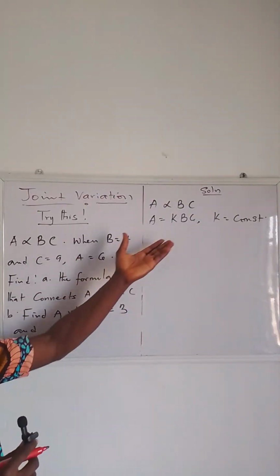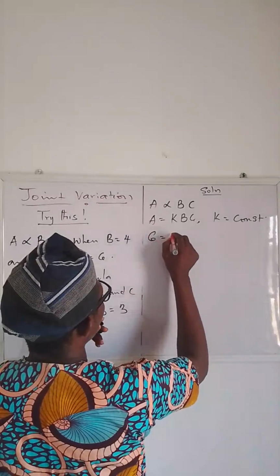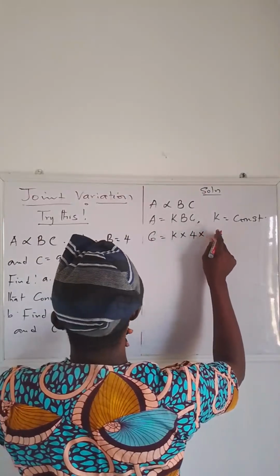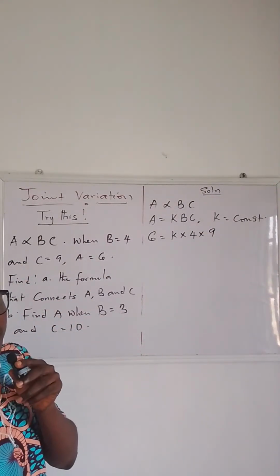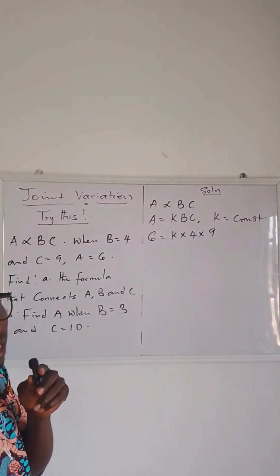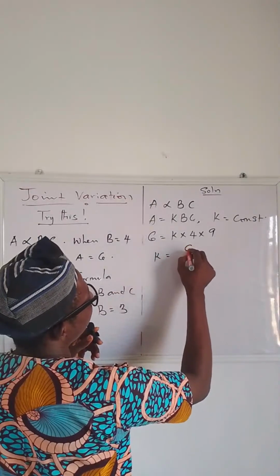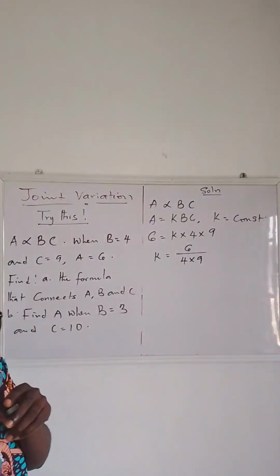Let's plug these values into this equation. So we have 6 equals K times 4 times 9. Here we divide both sides by 4 times 9. So we have K equals 6 over 4 times 9.